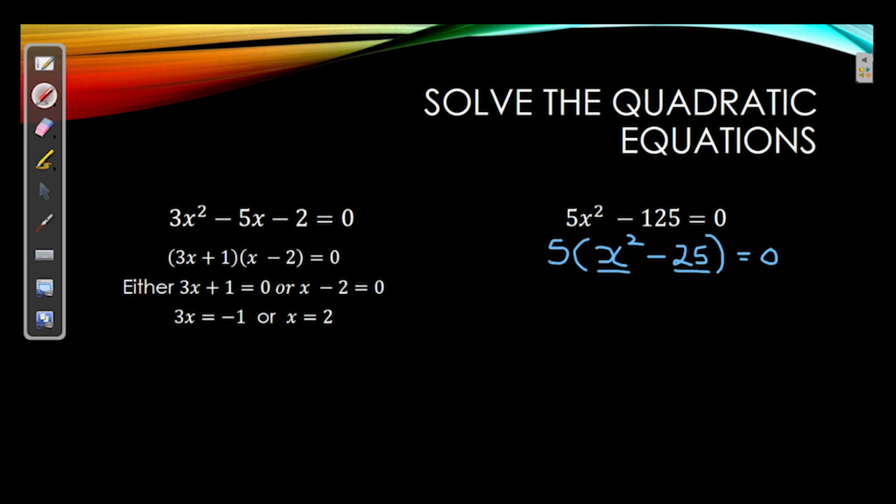But if you don't have a middle term, you should understand that b is equal to 0. Since b is equal to 0, you'll see how this affects your factorization.